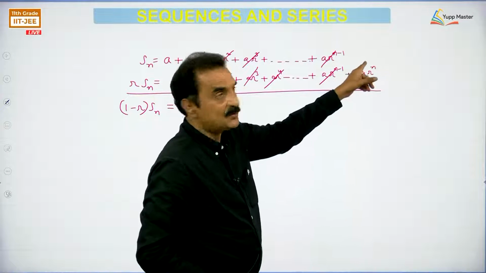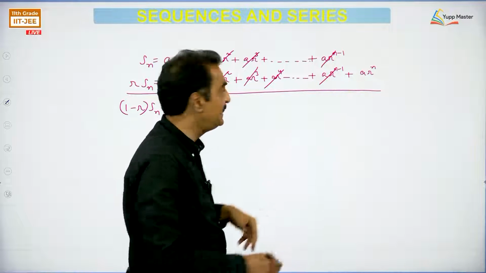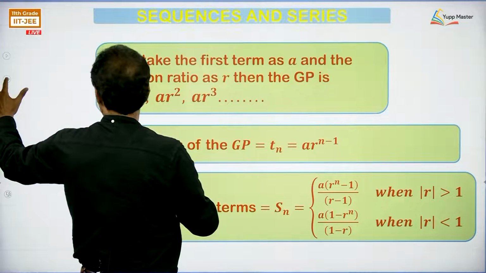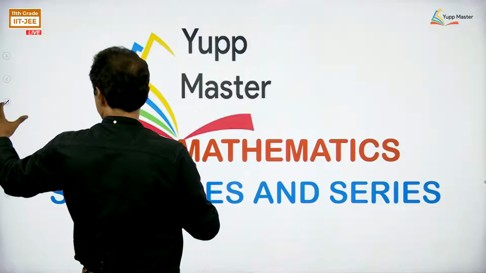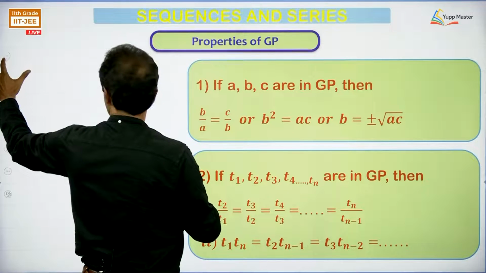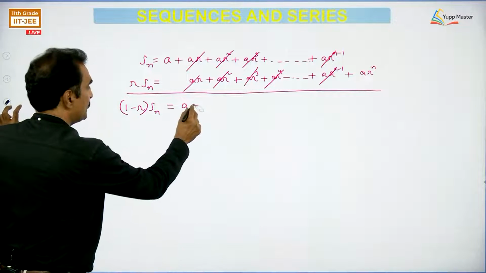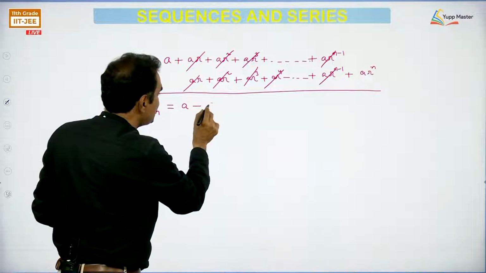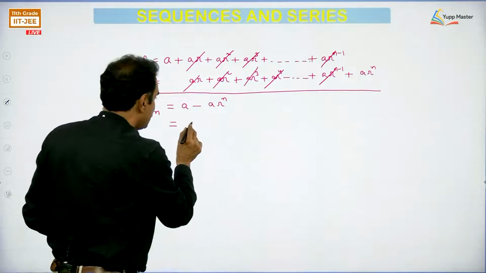After this, the last term in the first row has nothing, so just take it as 0. 0 minus AR power n will be minus AR power n, and that is A into 1 minus R power n.